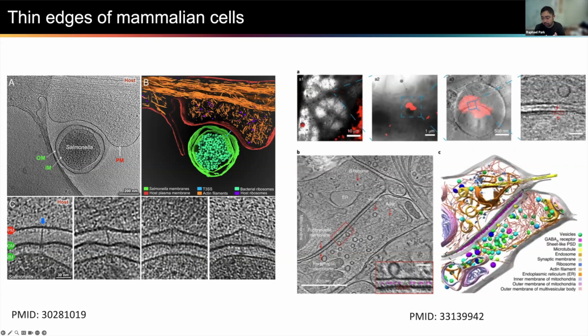And another popular specimen is neurons. Neurons tend to grow very thin on the surface of the cryo-EM grid. So people use this specimen to study the communication between different neuronal cells and the synapses.